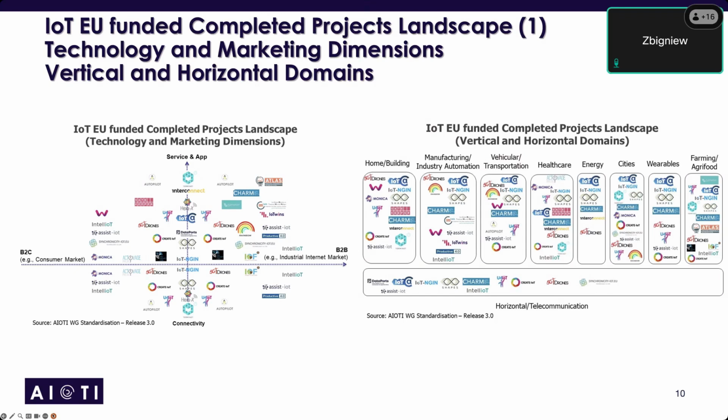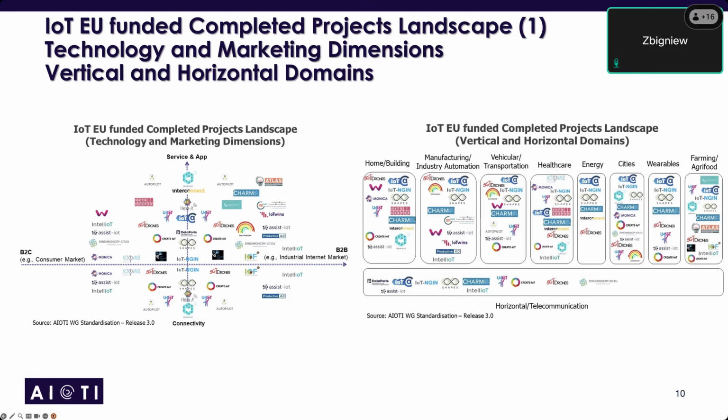And then we also gathered the projects together in the horizontal and vertical IoT domains. So we have typical IoT verticals, and also the horizontal, which is telecommunication. It means that we are using some networking technologies.